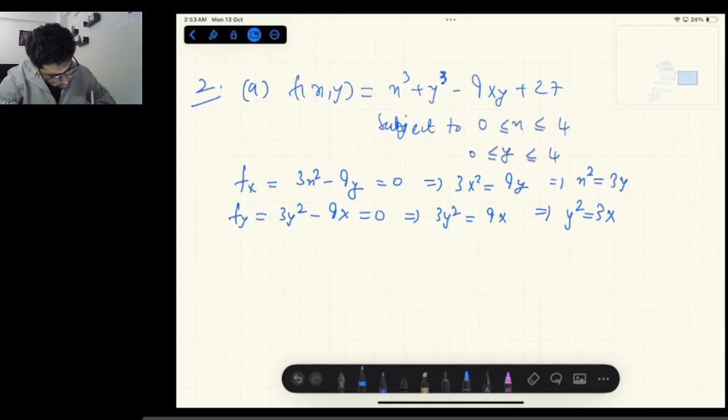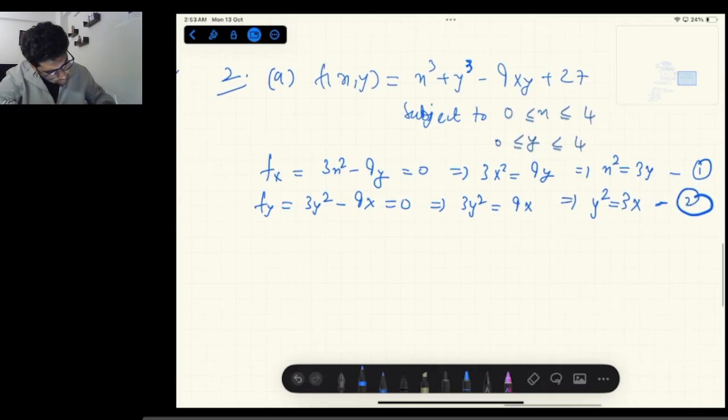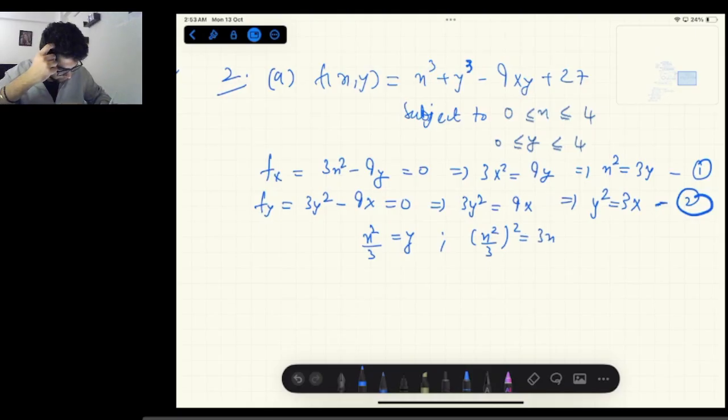So if I just use this condition and this condition, this is first, this is second. So x square is equal to 3y, so x square by 3 is equal to y, and y square is equal to 3x. So x square by 3 whole square is equal to 3x. So x to the power 4 by 9 is equal to 3x.